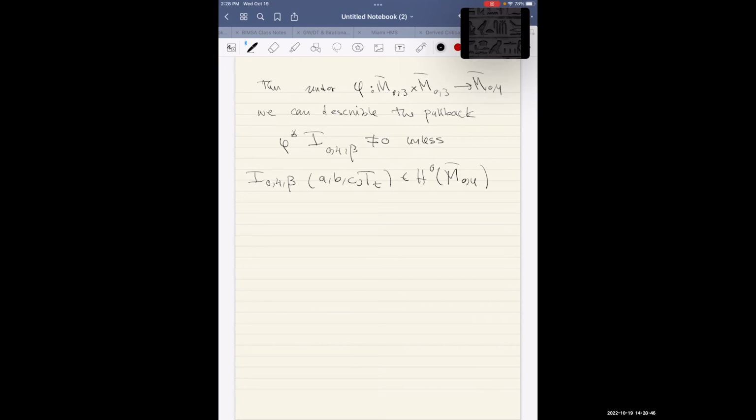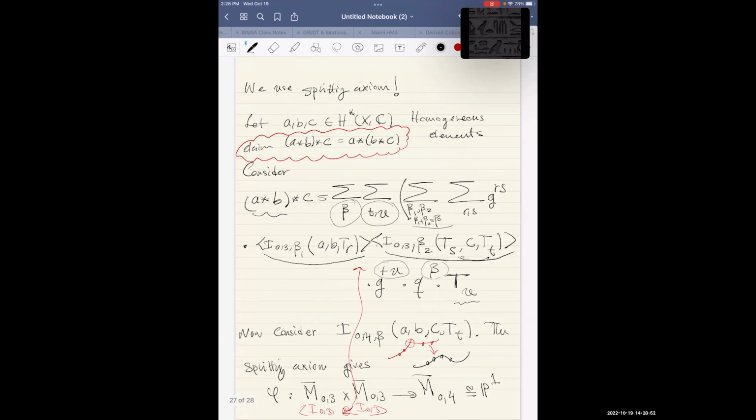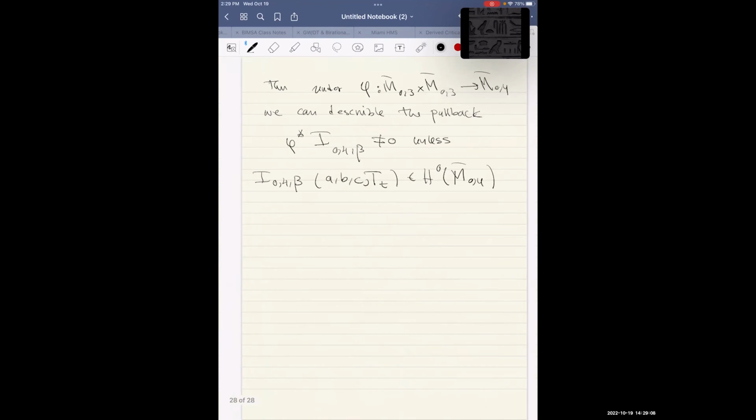So now let's just see. Remember that this is a point, and this is also a point. M03 is genus 0 curves with 3 markings on it. These are P1s, right? And they are identified with the 3 canonical points of P1. So basically, this is just a point mapping to a P1.